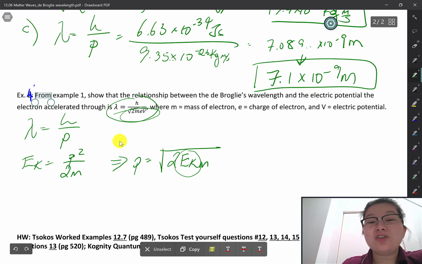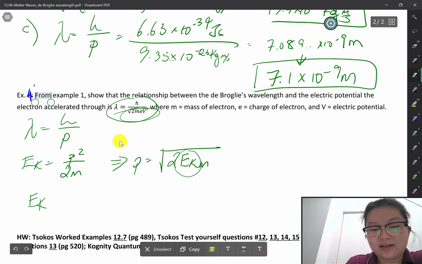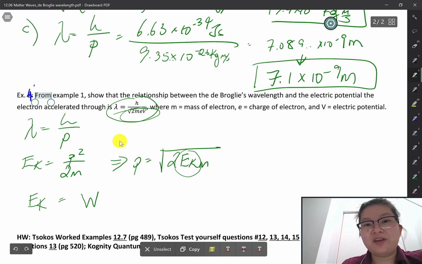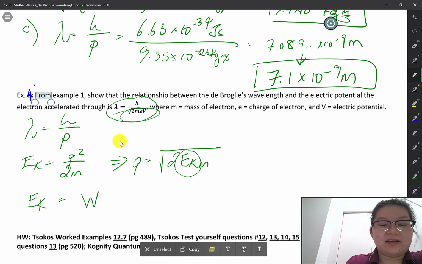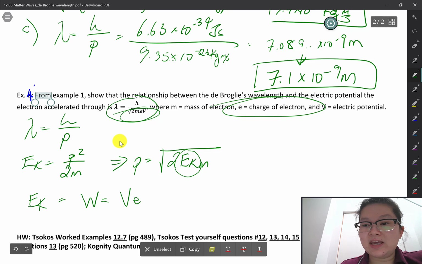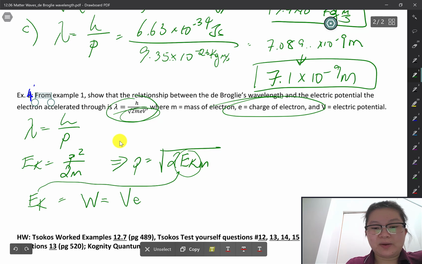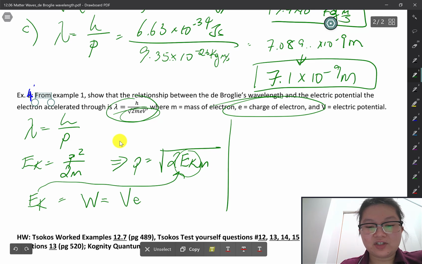As for the kinetic energy, we saw that the kinetic energy of the electron that was accelerated is essentially the work done by whatever electric field is produced by the electric potential, and this work done is equal to the potential difference times the charge of an electron. This question wants e for the charge of the electron, so Ve instead. Then we can plug this back in for the kinetic energy.